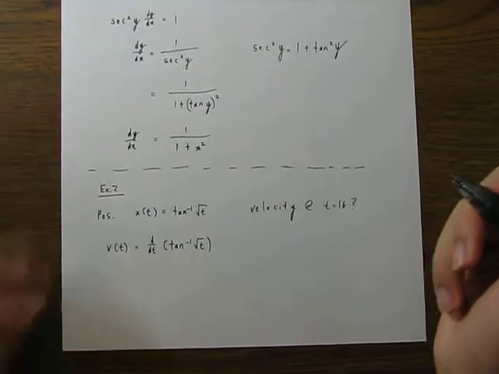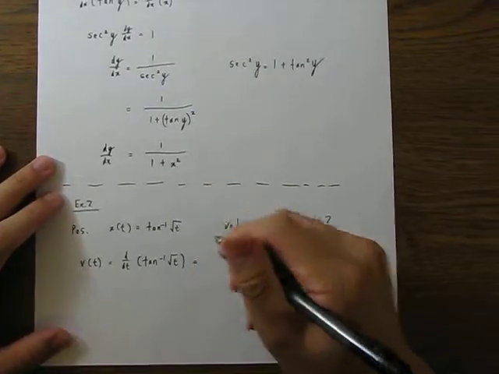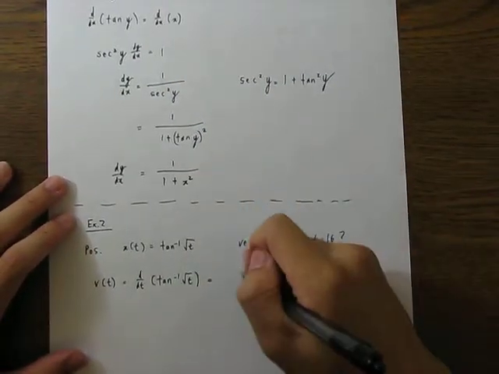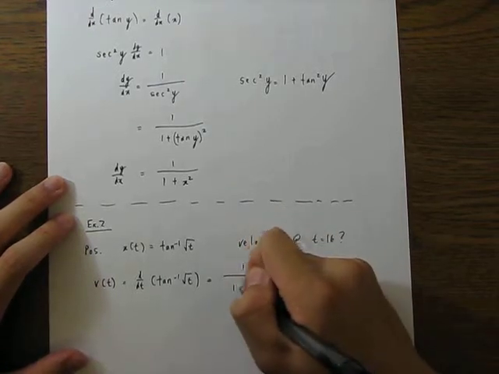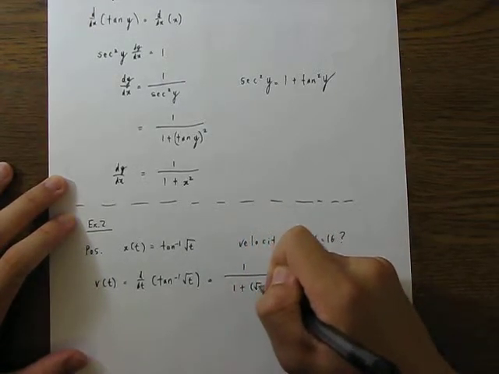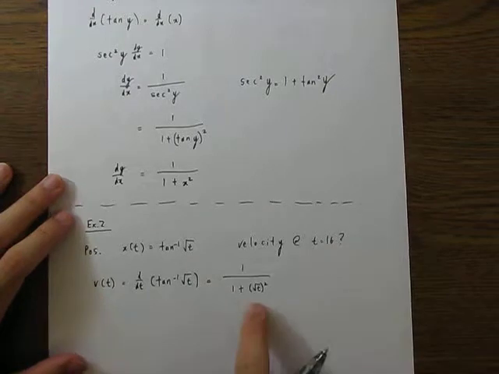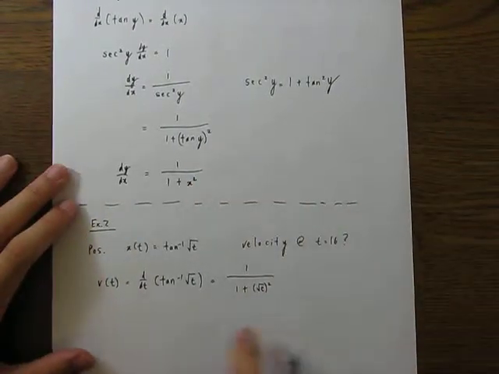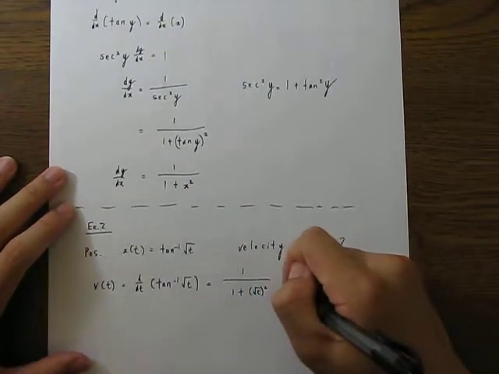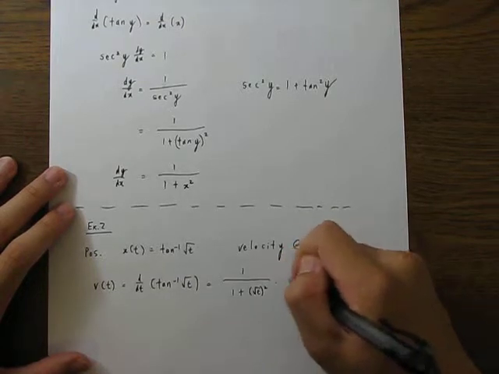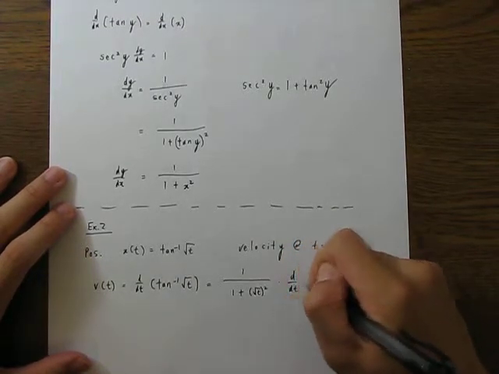Now treat your root t as u. So as mentioned right here, you're going to do 1 over 1 plus root t squared, because that's your u, that's your x technically. You got to plug that in, and you have to multiply by the derivative of the inside.